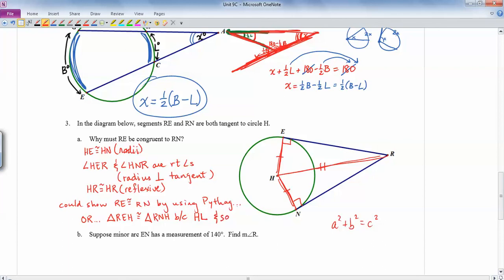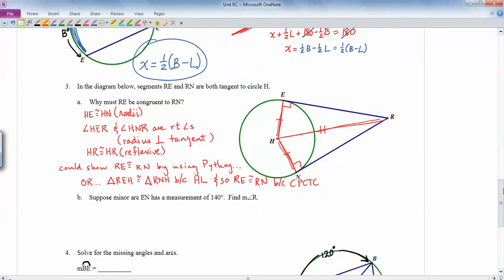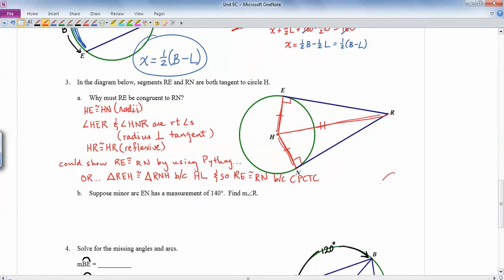And so we can say RE is congruent to RN because of CPCTC. Okay? Now, the main idea there is if you have a circle and a couple of tangents that you drew to the circle, then these guys are always congruent. Okay?